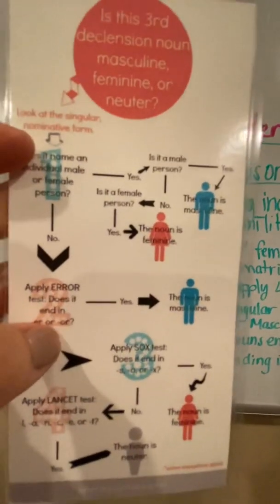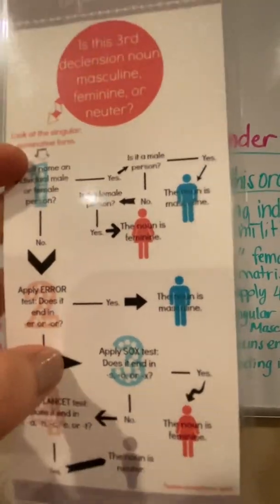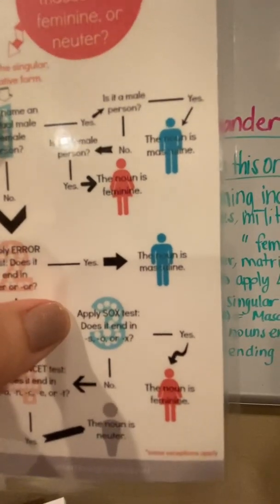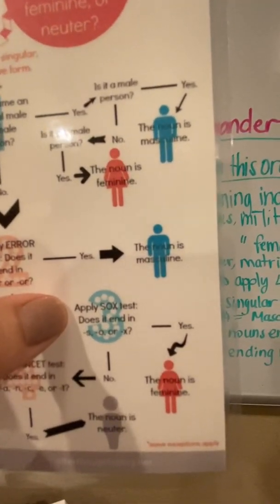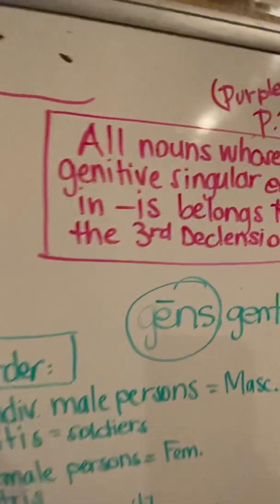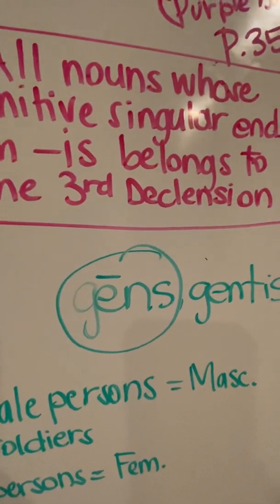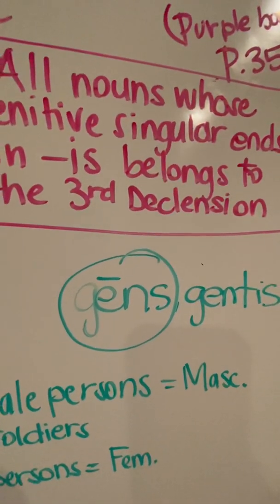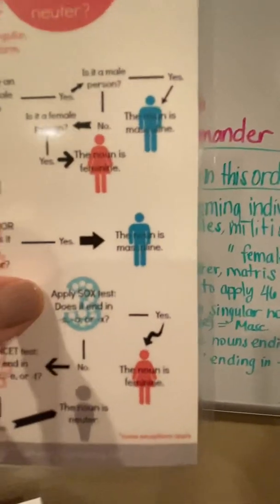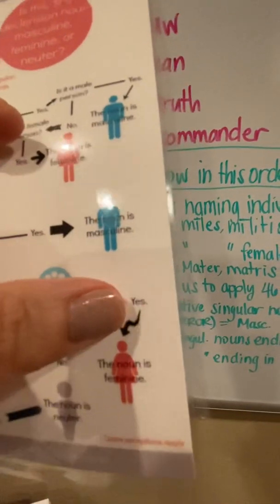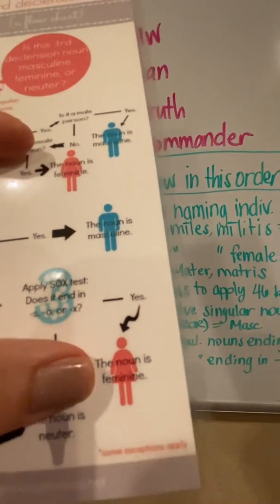No. So we drop down this no and follow the arrow. Apply the Socks test. Does it end in an S, an O, or an X? Yes, it does. Once you see that yes, it tells you the noun is feminine.